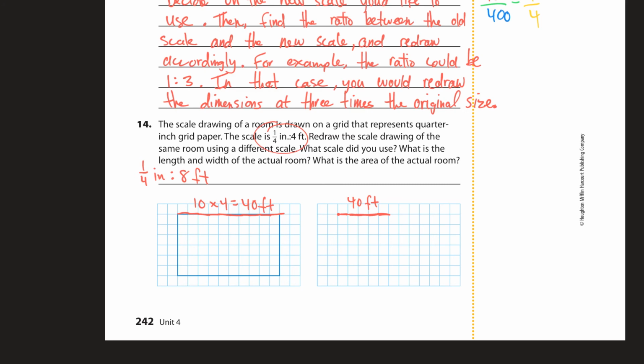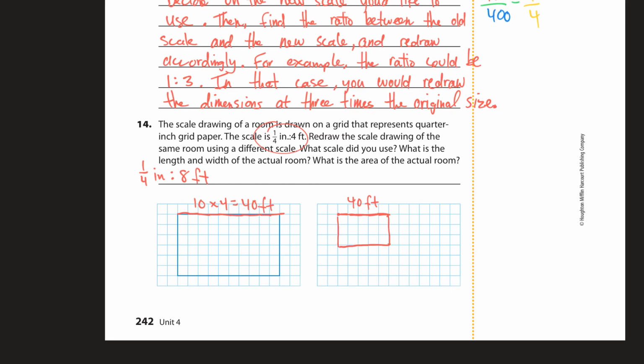Now the other side. Notice here, this is 5, and this is 10. So this is going to be half the size of this because each square represents twice as much space. And now I can go 1, 2, 3, 4, 5, 6. So that means this just has to be 3.